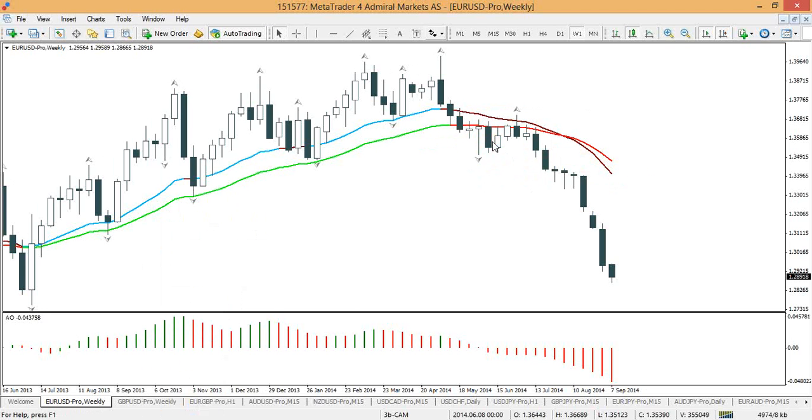Not 21 and 89, but 21 and 34. 21 and 34 are interesting EMAs to show momentum, power, trend, angle, support and resistance, even as a gravity point, because if there's a range, the moving averages will not be used as support or resistance, but as a gravity point.